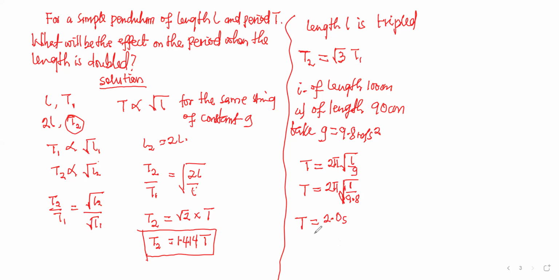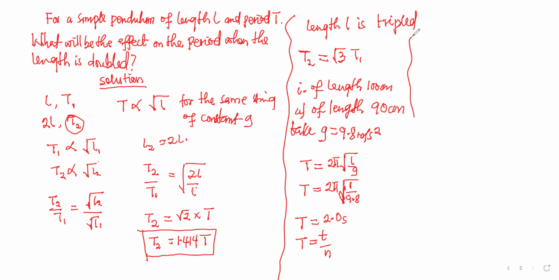Okay, and the time for 20 oscillations, don't forget the same period. The period is equal to total time over number of oscillations.